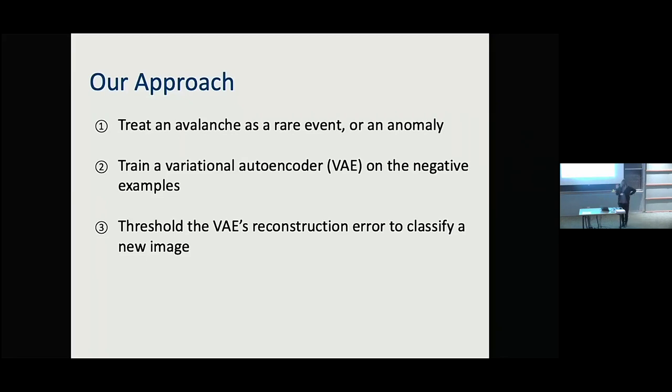So this addresses the rare event aspect of the ML problem, but it doesn't really address the fact that we have very limited labeled data. Because let's think about where the labeled data is needed. So certainly step 3, because we're going to do classification, we are going to need some labeled data to tune a hyperparameter, which is the threshold on reconstruction error, above which we'll say that we've seen an anomaly.